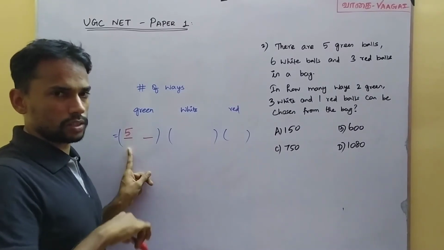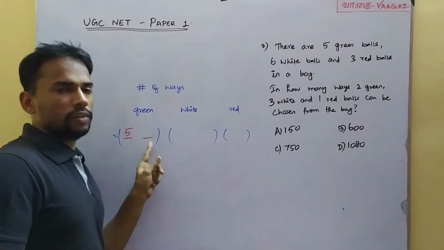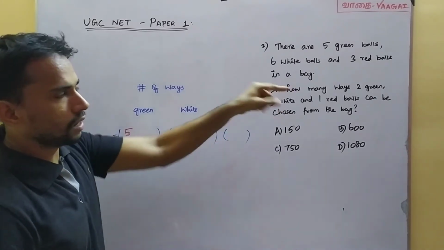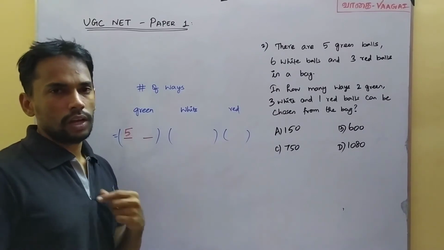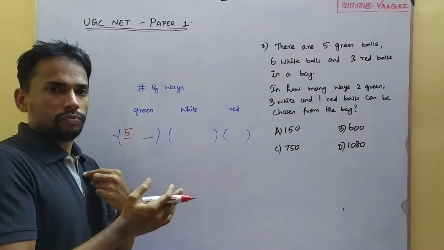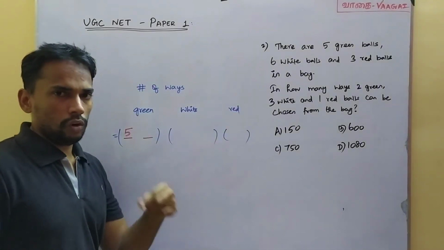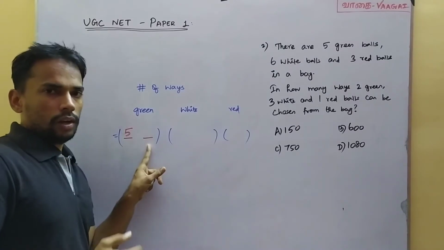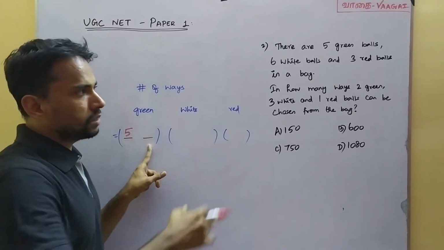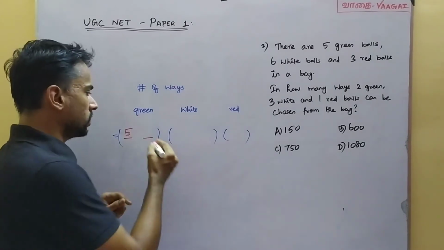Now this is done. Next, when we pick the second green ball, how many ways do we have? Already we had 5 balls and have chosen 1. After 1 is taken, only 4 balls remain. So when we come to the second slot, the number of ways to pick the second green ball is only 4. Do you understand?